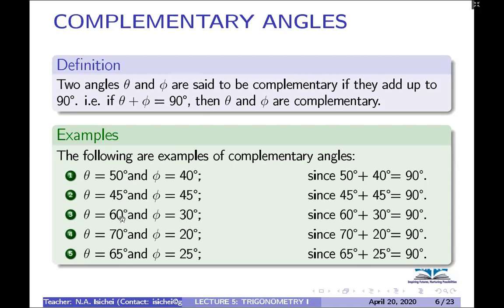When theta is 60 and phi is 30, when you add them up, you get 90 degrees, so they are complementary. 70 and 20 are complementary because their sum is 90. 65 and 25 are complementary because their sum is 90 degrees. So in summary, any two angles that sum up to 90 degrees are said to be complementary.